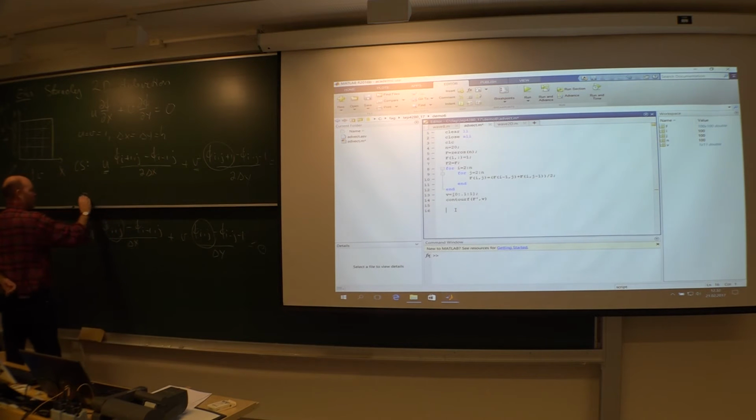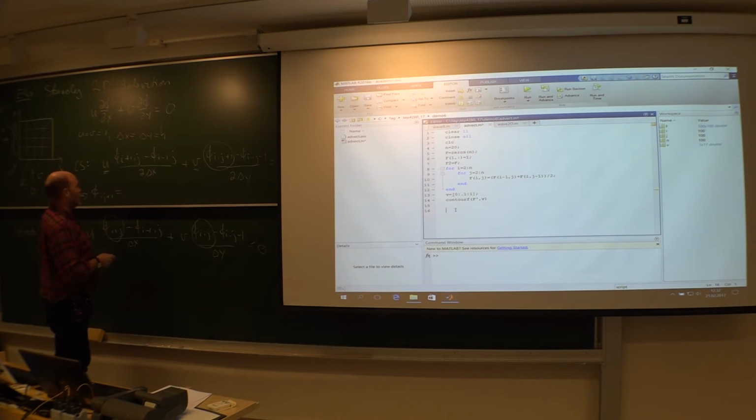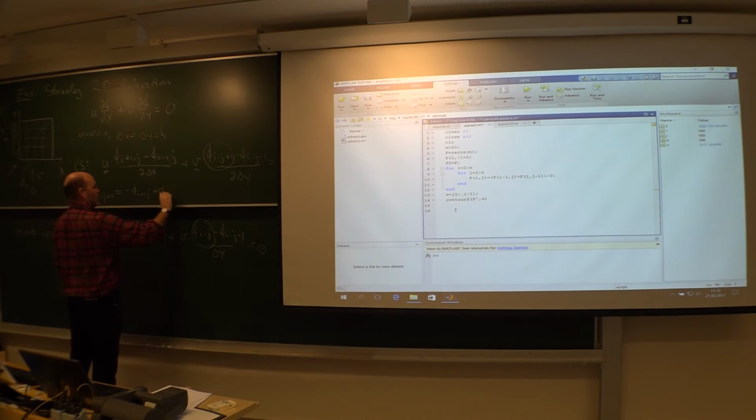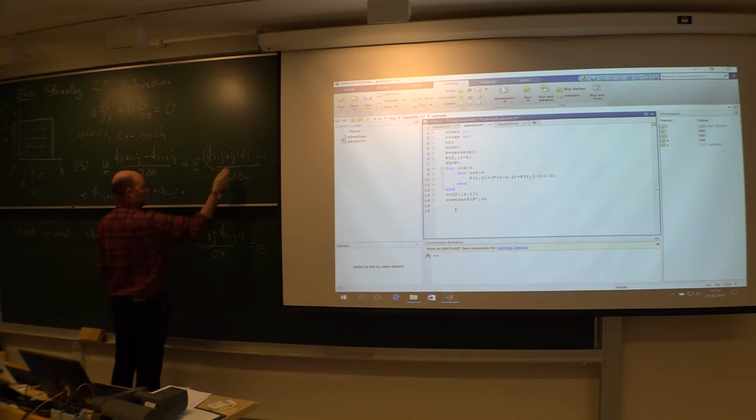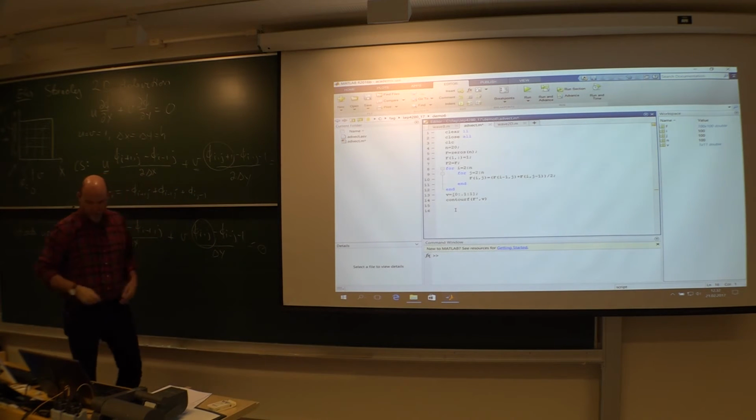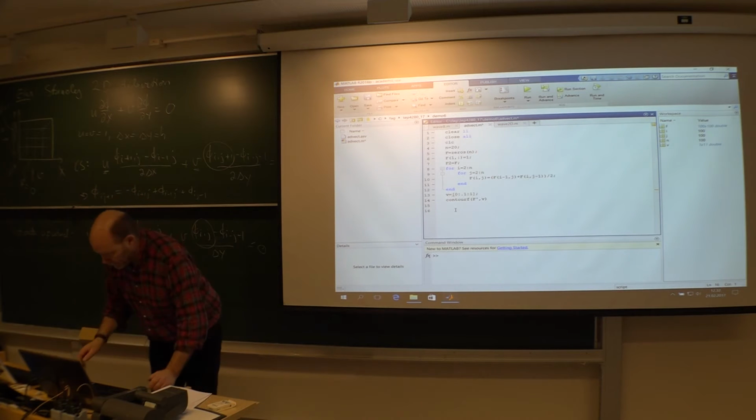Then write the recipe on the form j plus 1 equals, and then just throw everything else on the other side. So what will it be? You will have minus phi i plus 1j plus phi i minus 1j plus, and then this one phi i j minus 1. So I programmed that one instead. Let's see if that one works.